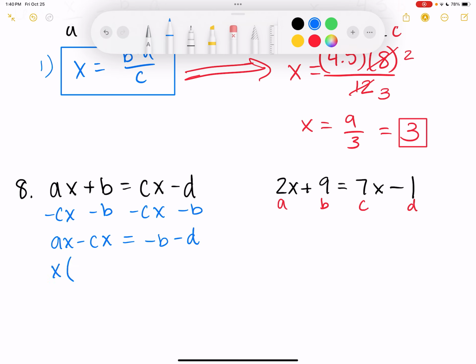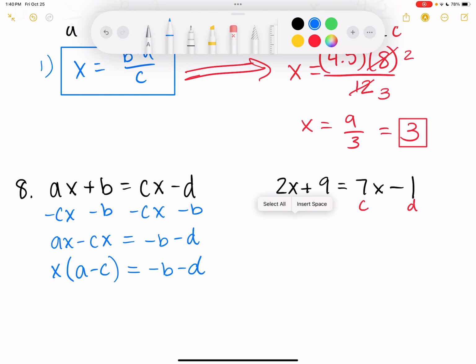If I get rid of the x in both of these, I'm left with A minus C, equals negative B minus D. This is the new part, taking out something, because A and C, I don't know what they are, right? Pretend this doesn't exist. I don't know what A and C are, so I don't know if I can actually combine them.